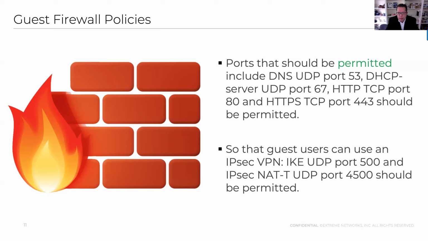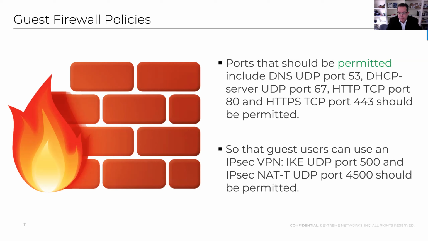I typically recommend that you also open IPsec VPN ports because guest users might have their own corporate security policy that if they're using a company laptop and they're on your guest network, they have to use an IPsec VPN for protection purposes, which is a recommended good practice in general.